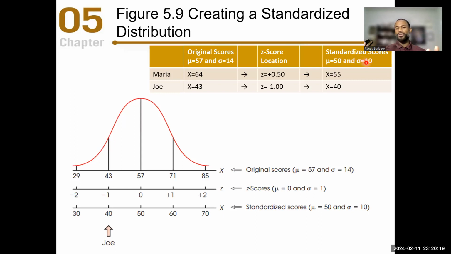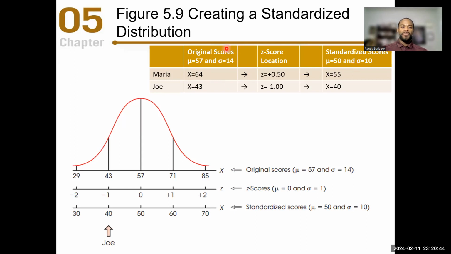First thing I'm going to do is find the z-scores for these actual scores. I want to transform these scores into these. Very, very simple, very easy to do, and once you do it, everything else is going to fall into place.